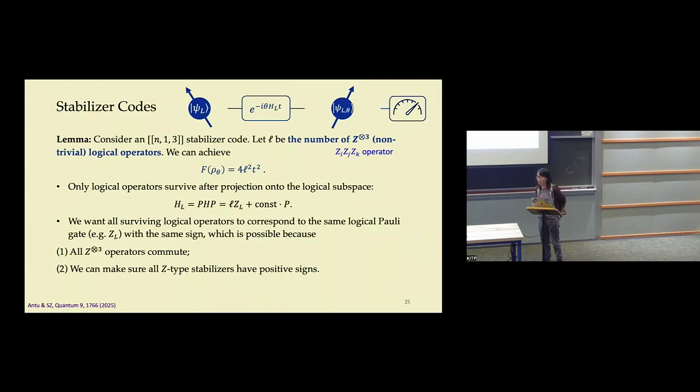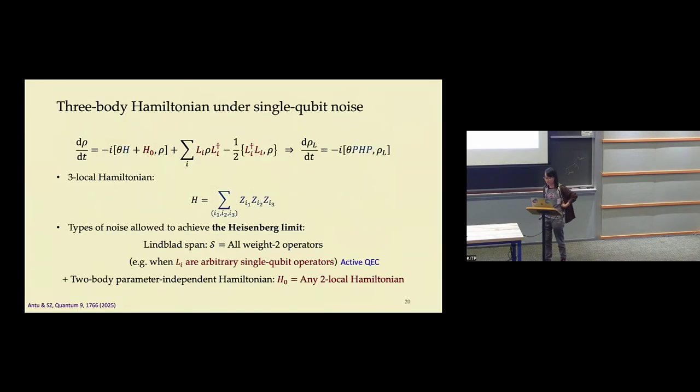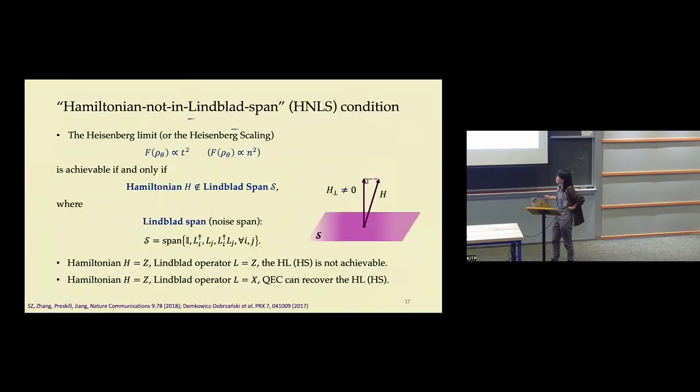Oh, so I'm not sure if there's any direct relation to Eastin-Knill. But one part that is related is that, for example, if you have some kind of single qubit noise, and your Hamiltonian is also one-local, I guess that corresponds to the Eastin-Knill setting, which is the transversal gate. And in that case, this theorem can actually be used to prove some similar statement as Eastin-Knill.